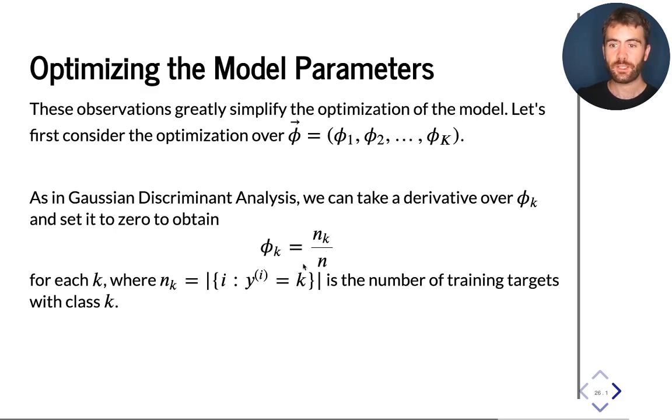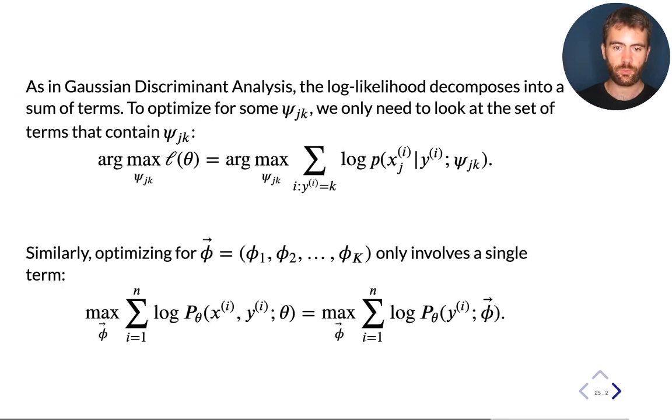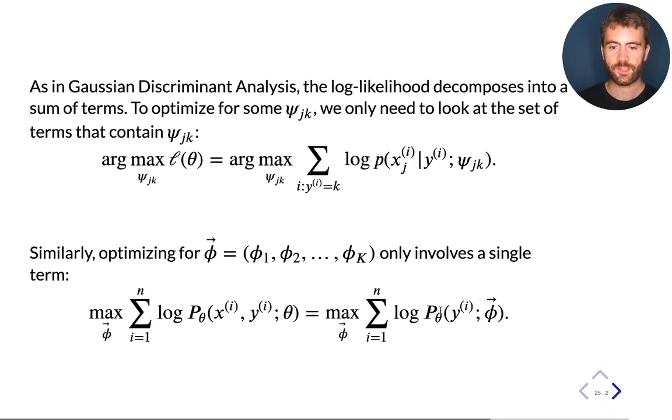This has exactly the same form, and the derivation is exactly the same that we followed in the previous lecture. And it is indeed the same because the part of the model that we're optimizing has exactly the same form as in the Gaussian discriminant model. We're optimizing exactly the same objective, and therefore the result is going to be the same.